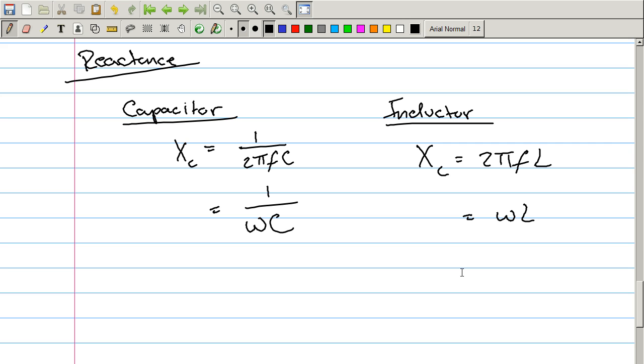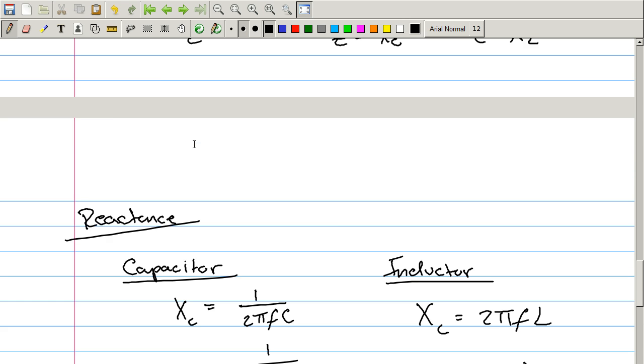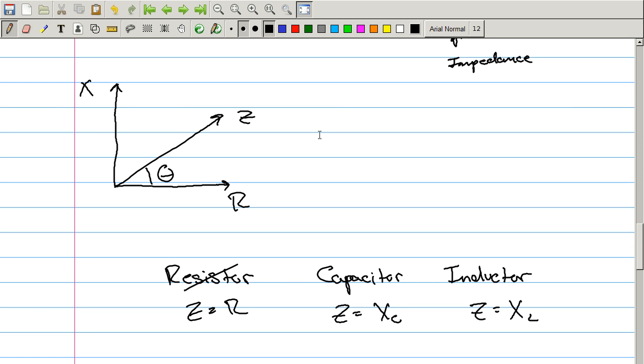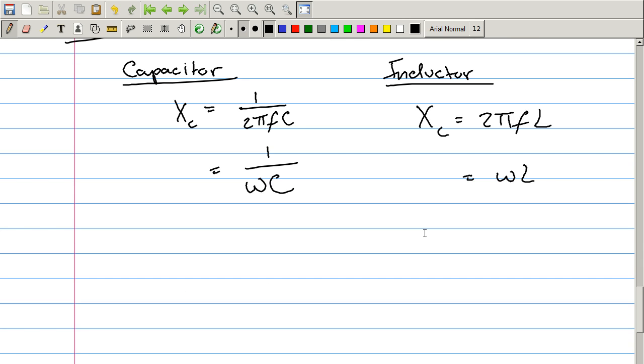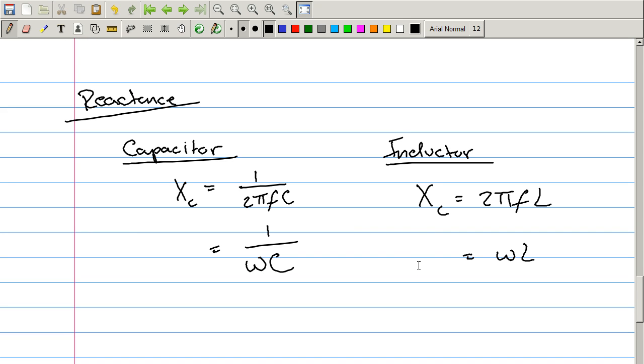So what can we see from this behavior? Well, I should probably mention units. They're all given in ohms. Yeah, I'll mention that now. So what can we see from the behavior as given by these formulas?